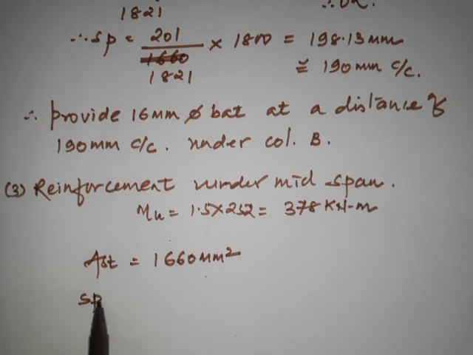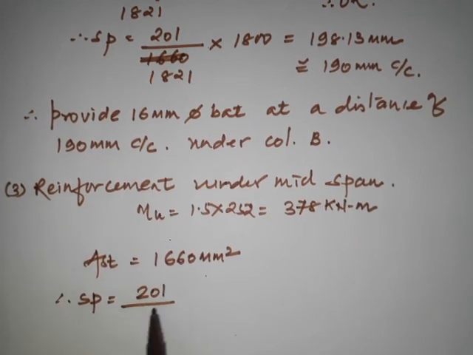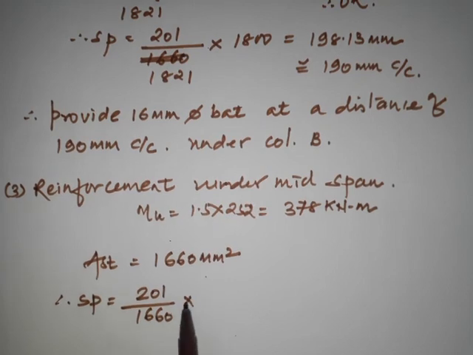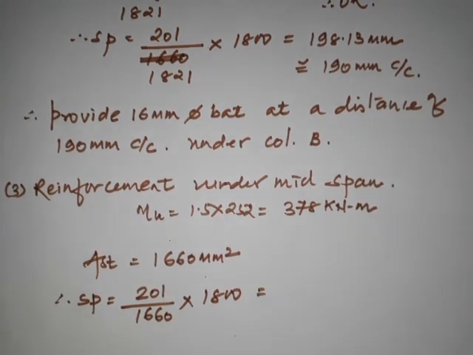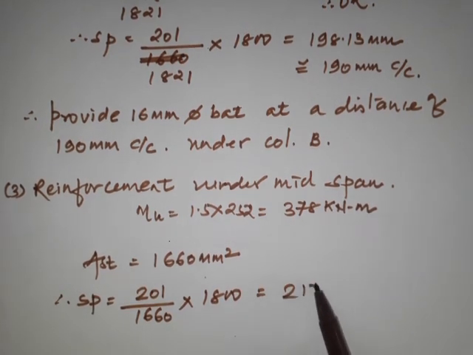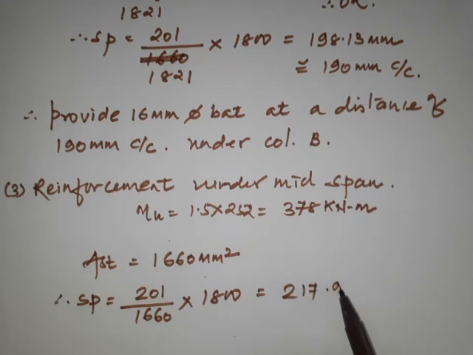So the spacing here again, therefore spacing 201 divided by 1660 into 1800. So we'll get this as 217.95.